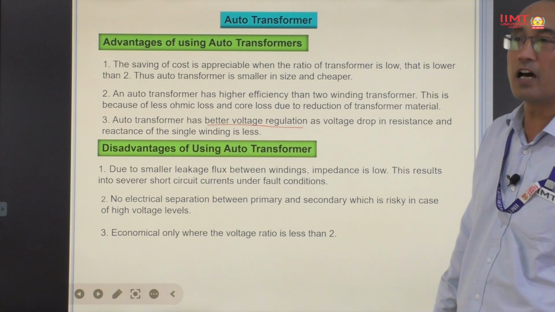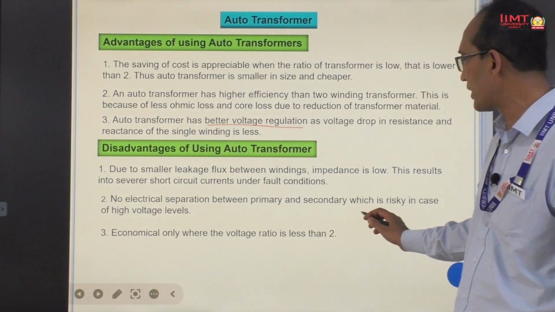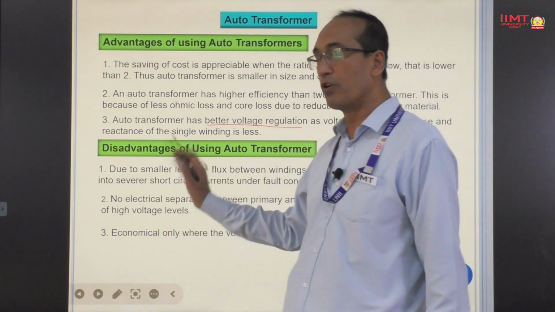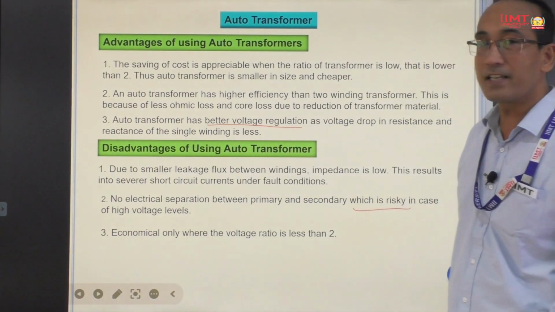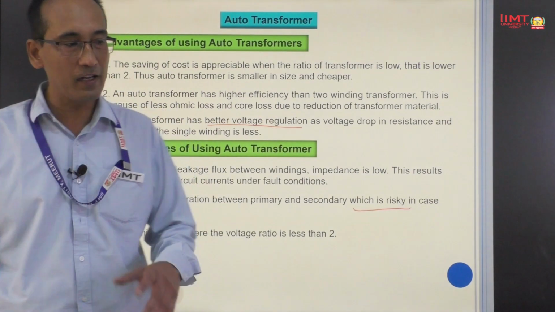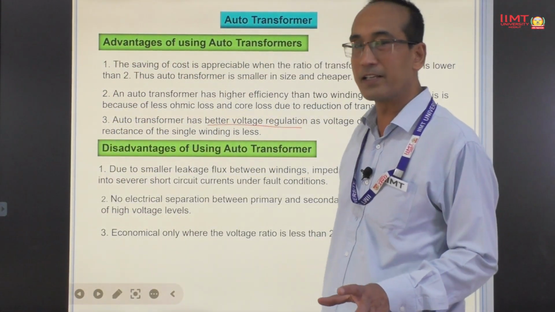So this is the disadvantage of auto transformer. There is no electrical separation between primary and secondary, which is risky in case of high voltage levels, because the winding is the same. We have distributed it in the primary side and the secondary side, but the winding is similar, the same winding is here.